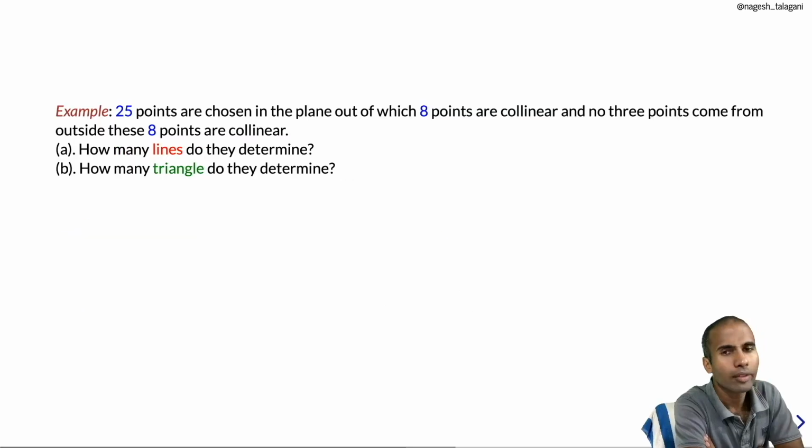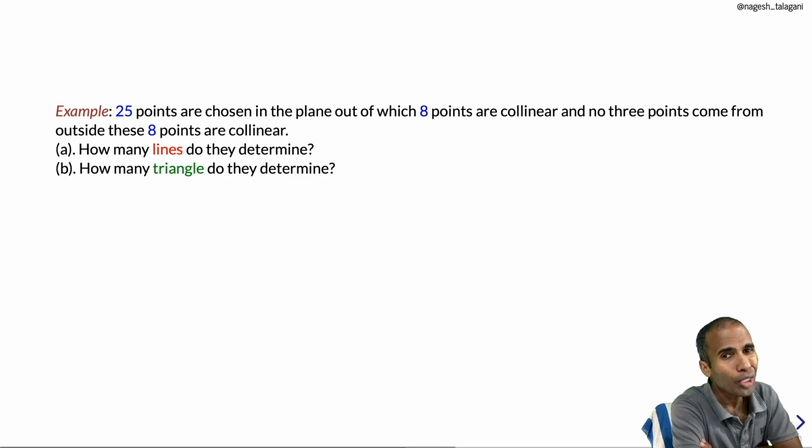Example. 25 points are chosen in the plane, out of which 8 points are collinear, and no 3 points from outside these 8 points are collinear. Question A: how many lines do they determine? We know that every 2 points in a plane determine a unique line.